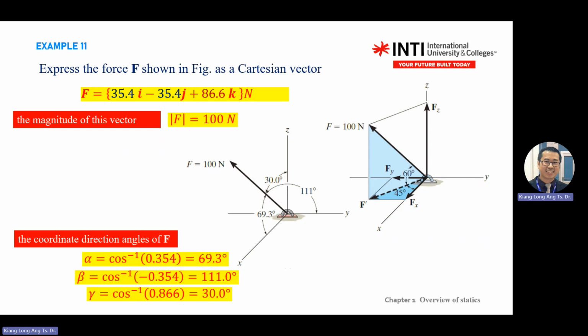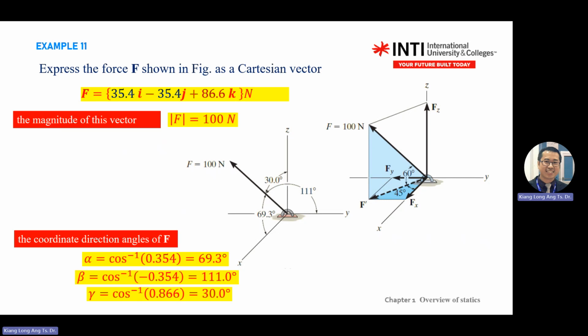Where is beta? Where is gamma? Again, what is alpha? Alpha is vector to x-axis. Beta is vector to y-axis. So label correctly. Show me the arrow. Where is the angle? Gamma is vector to z-axis.